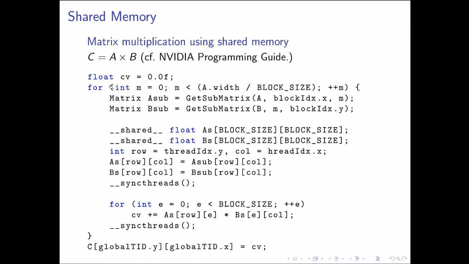And while doing so, we iterate over each of the blocks, and then we just obtain a pointer to the data for each of the submatrices that are associated with the block. I'm just assuming here that this is a global memory pointer, and the global memory pointer allows us to access the submatrix for the block that we're currently interested in.